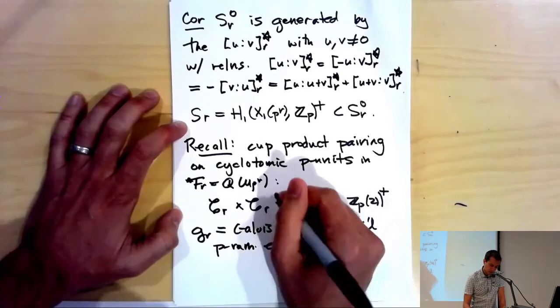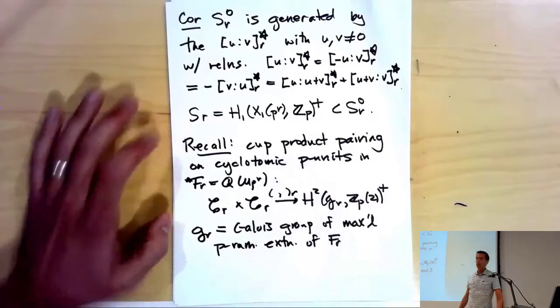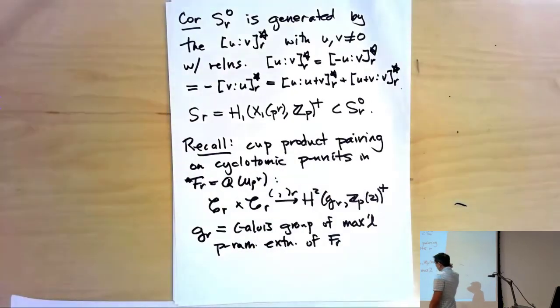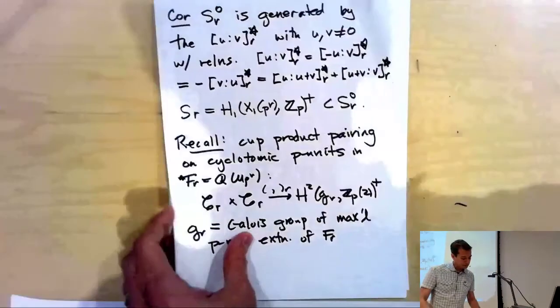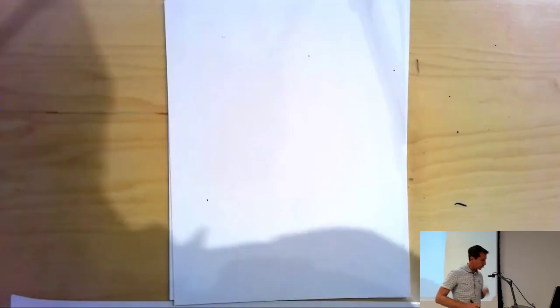So that's the pairing, the Arth pairing. It's just given by cup product. And we had conjectured it was surjective, McCallum and I. So surjective, or the span of the image is the whole thing.